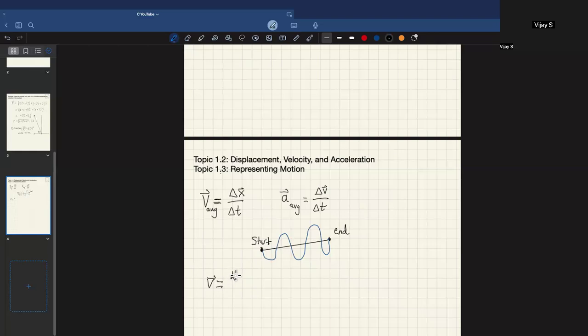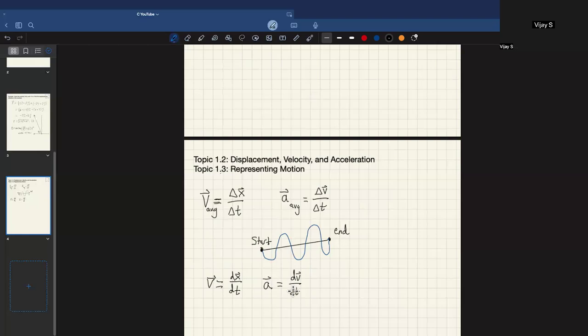And the equation for that is the derivative of position with respect to time. If we make that one-dimensional, then the x component of velocity equals the derivative of the x component of position, dx over dt. And likewise with acceleration: acceleration is the derivative of velocity with respect to time.